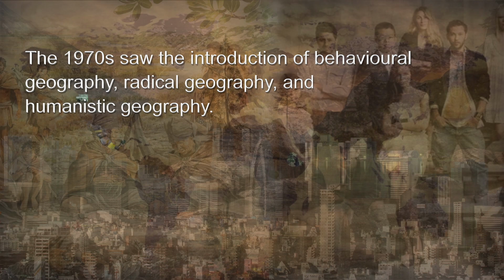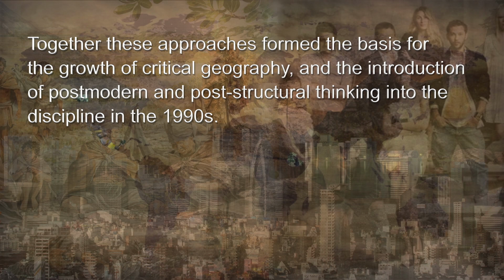These were followed in the 1980s by a turn to political economy, the development of feminist geography and the introduction of critical social theory underpinning the cultural turn. Together, these approaches formed the basis for the growth of critical geography and the introduction of postmodern and post-structural thinking into the discipline in the 1990s.